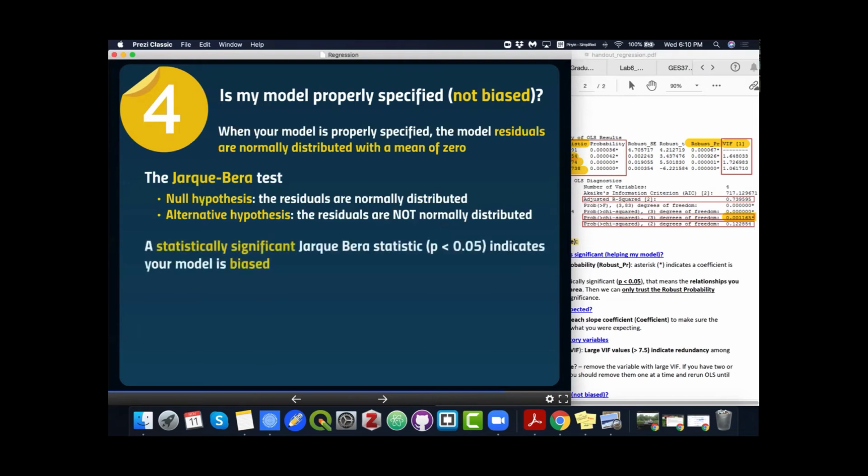We're still looking at the p-value, which means a significant JB statistic. When your p-value is less than 0.05, that would indicate that your model is biased.